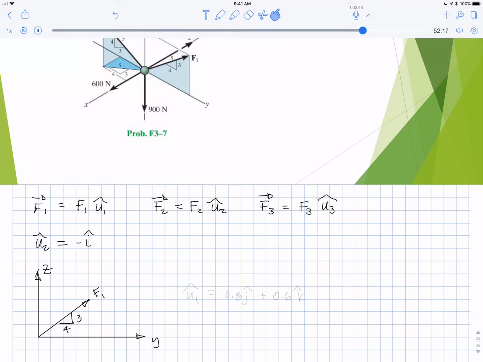So the unit vector for force 1, U1, will be no x, it'll be 0.8 in the y and 0.6 in the z.